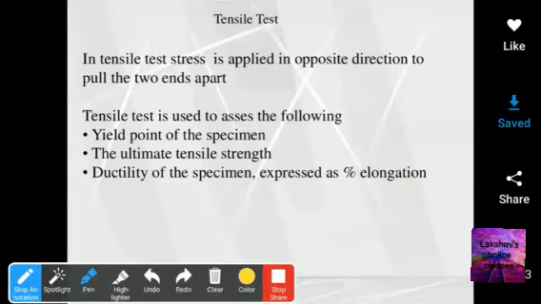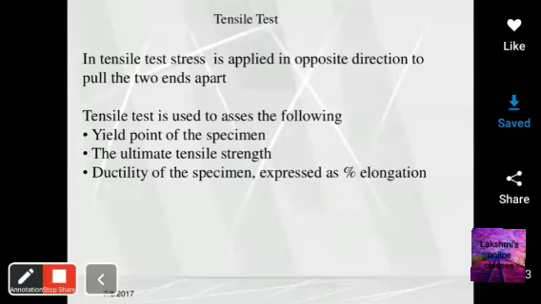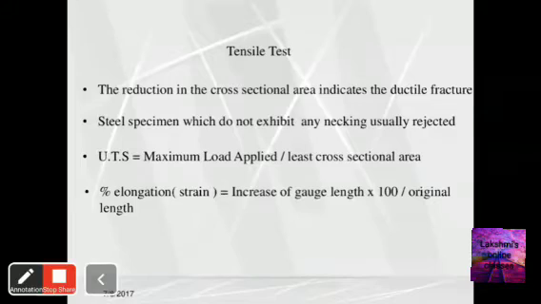The yield point, ultimate tensile strength, and ductility of the specimen are expressed as elongation. So this is the tensile stress test.